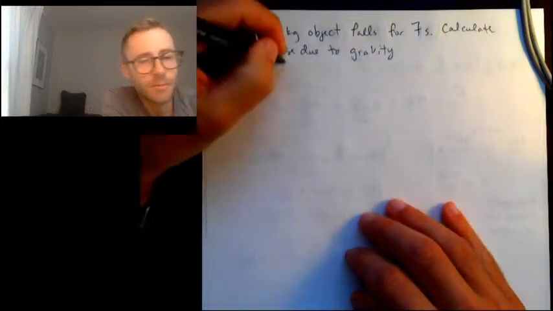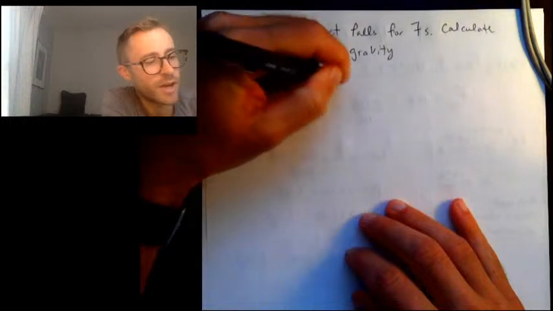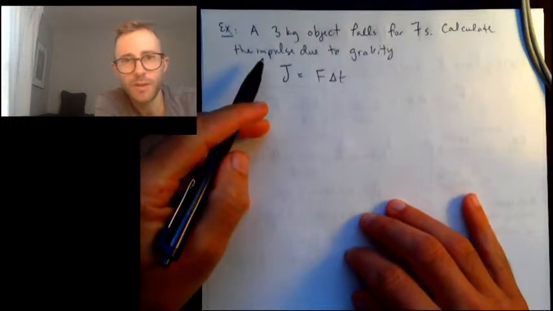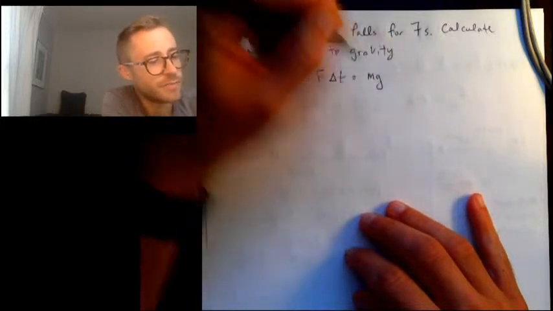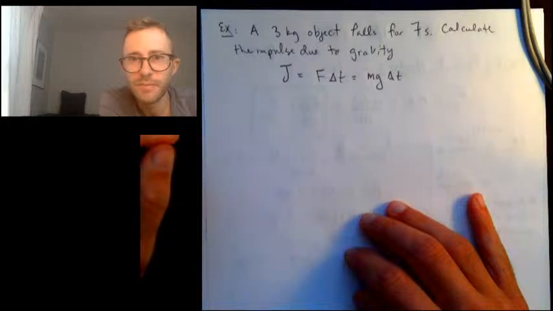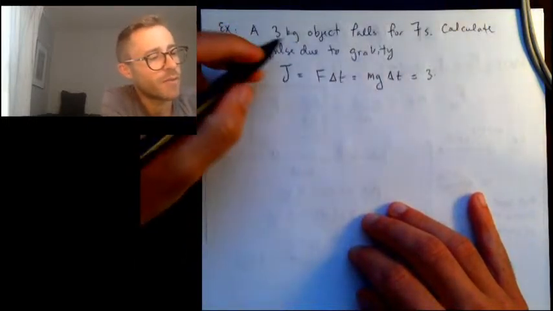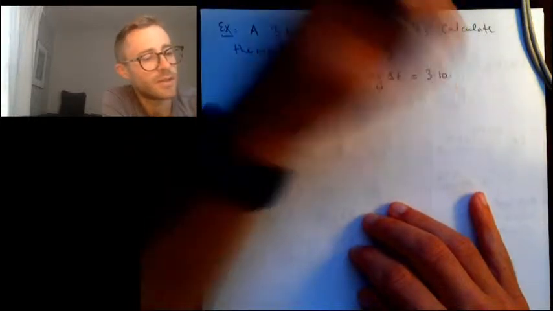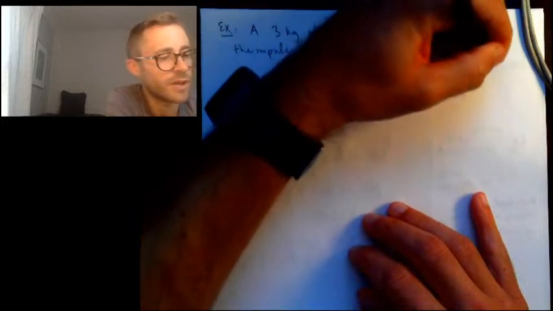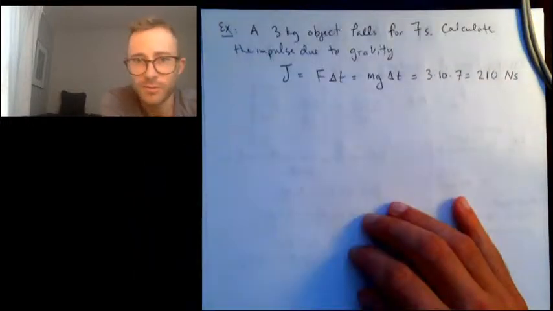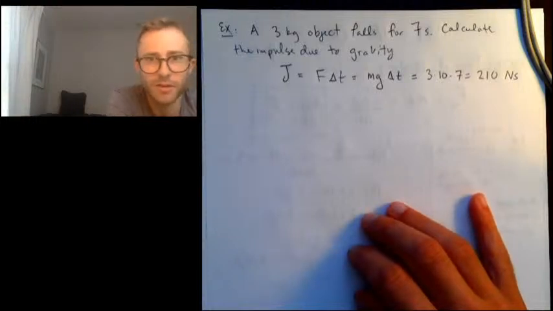Well, the impulse is force times the time elapsed. The force we are talking about is the gravitational force, so mg delta t. We have m, which is 3, gravity, which is 10, and the time elapsed, which is 7 seconds. That gives us 210 newton seconds of impulse. So that's a very simple example of calculating impulse.